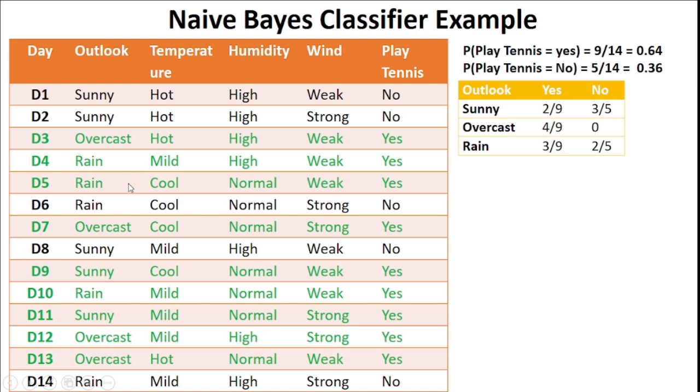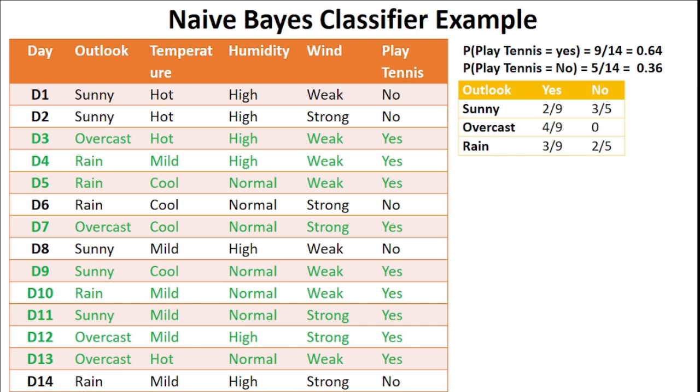Same way, now we can look into overcast. In overcast, there are only 4, D3, D7, D12 and D13. All the 4 overcast say you can play tennis. So it is 4 divided by 9 and 0 divided by 5. Now rain.